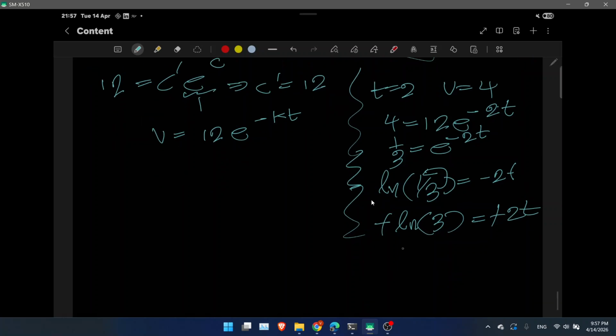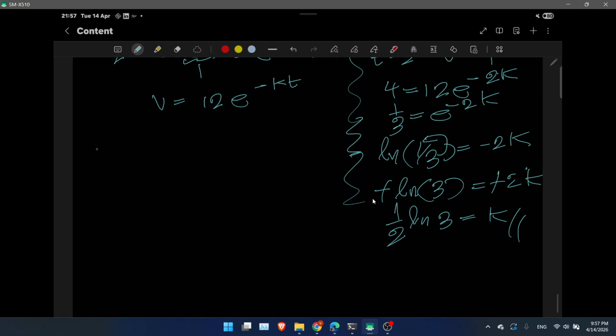Minus and minus cancel out, so it's 1 over 2 ln 3 is equal to k. So you find k, so you're set.